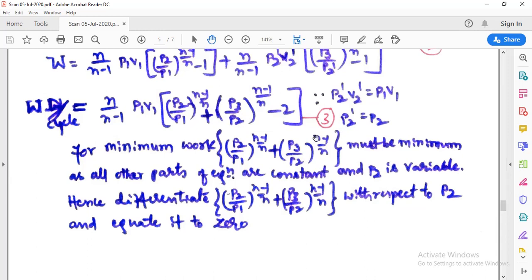For minimum work, the value of (P2 by P1) whole to the power of (n minus 1) divided by n plus (P3 by P2) whole to the power of (n minus 1) divided by n must be minimum, because in this equation only P2, the intermediate pressure, is the variable; all the other quantities are constant. Hence, we differentiate this expression with respect to P2 and equate it to 0.